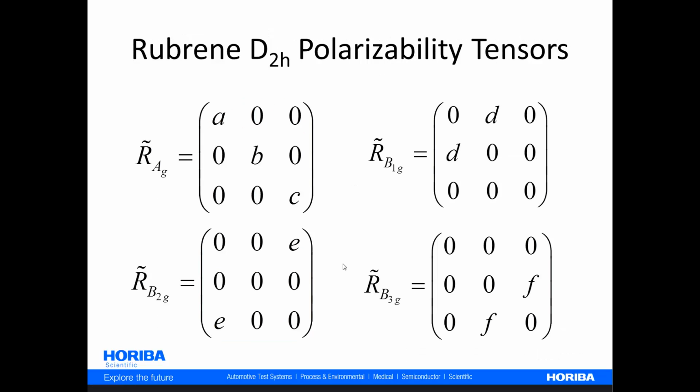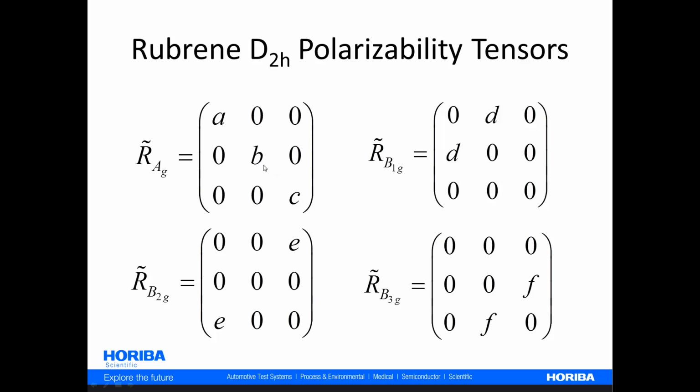Now, for a crystal in the D2H crystal class, the Raman active modes are dictated by that crystal structure, and in rubrene there are 4 Raman active modes: Ag, B1g, B2g, and B3g. These are the only Raman active modes that are in play, and these are the Raman tensors for them.